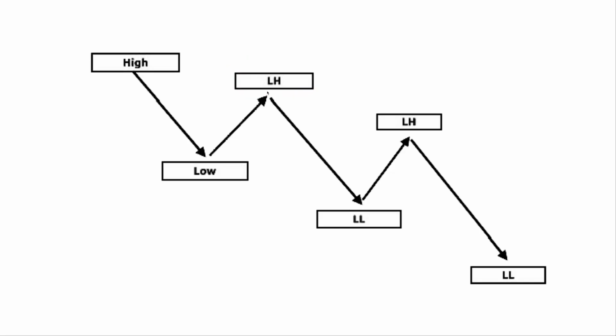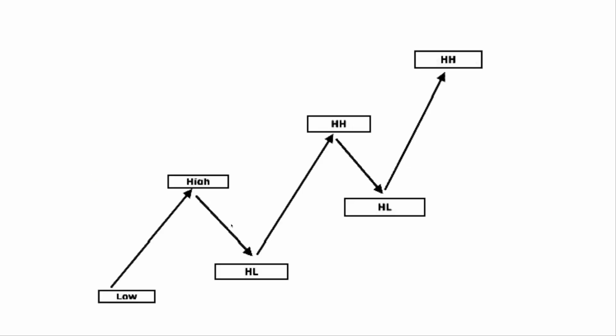Price can't go any higher. It starts to come down and violate this low, making it a lower low. And the pattern repeats, retraces back up, a lower high off of this high, and so on, a lower low. This is bearish market structure.